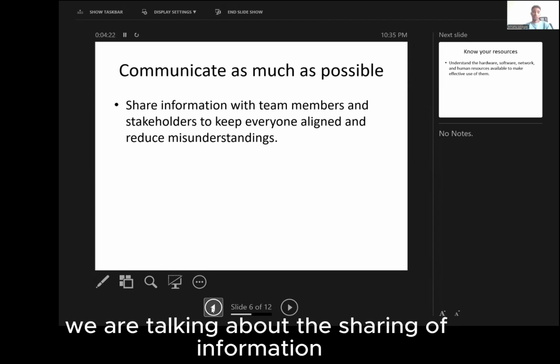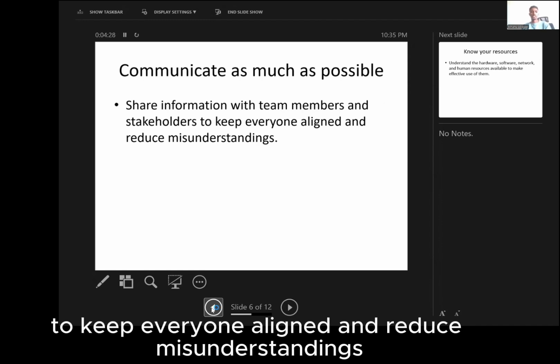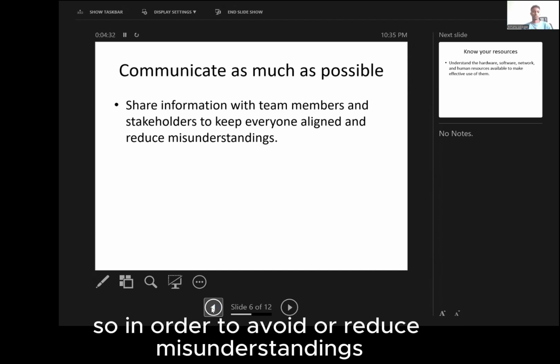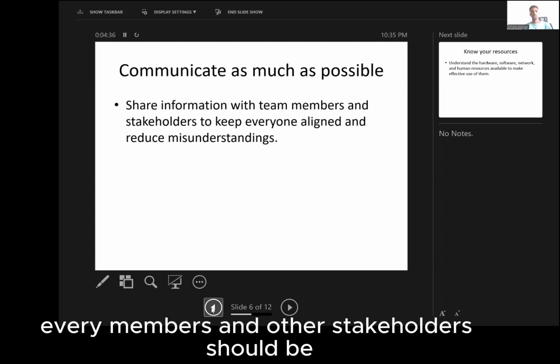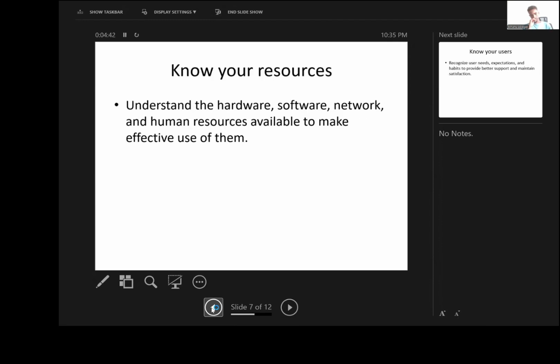In this case, we are talking about sharing information with team members and other stakeholders to keep everyone aligned and reduce misunderstandings. So in order to reduce misunderstandings, every member and other stakeholders should communicate and share information with the system.